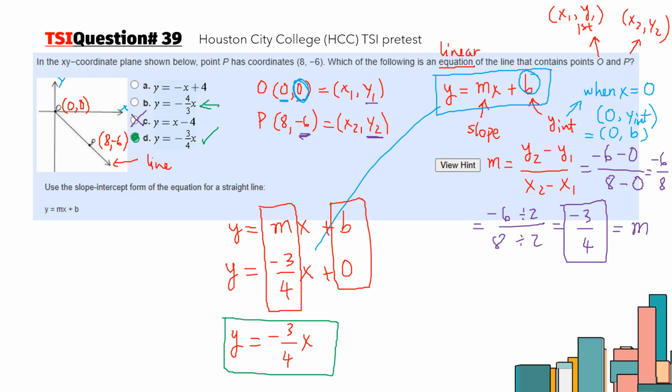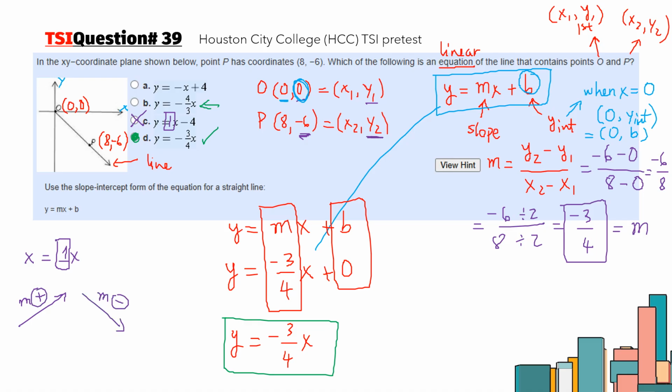Why can I eliminate it? It's because the coefficient right here is 1, and x is just 1x. So m is equal to 1. When m is positive, the line goes up from left to right. When it goes down, m is negative.